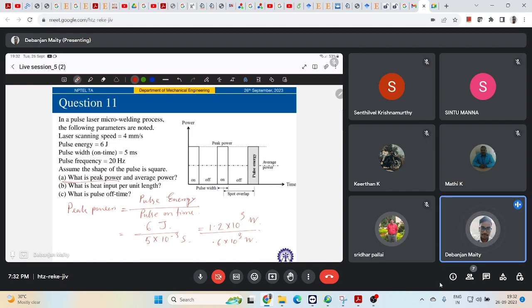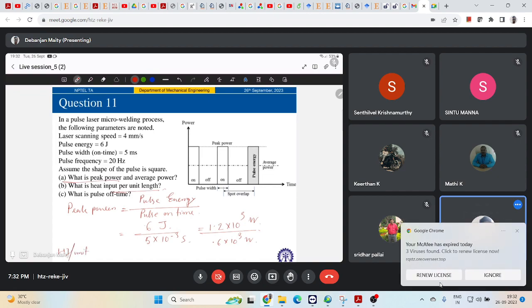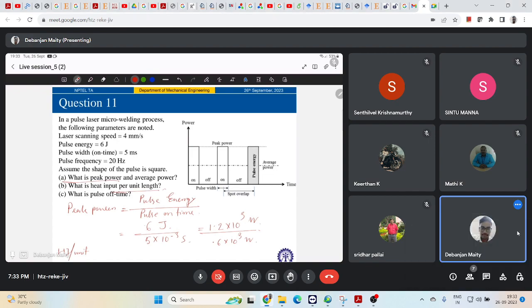Then what is the heat input per unit length? It is Q by V, where Q is the heat flux divided by the weld speed.